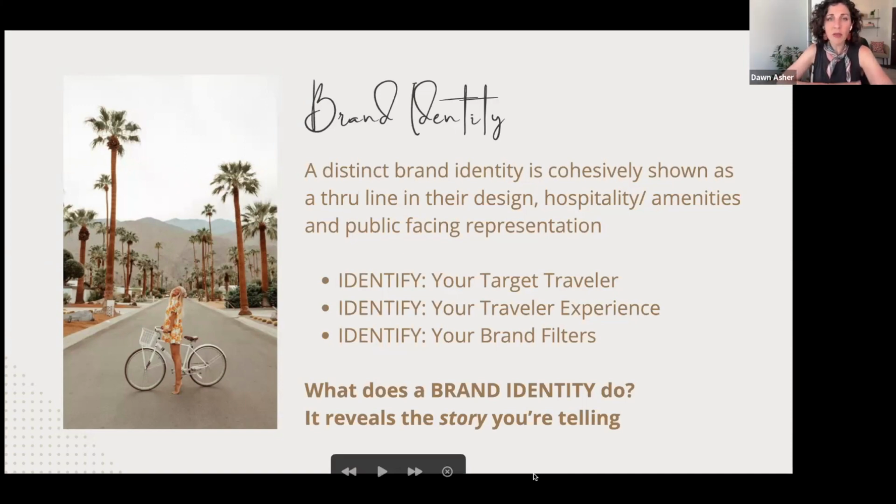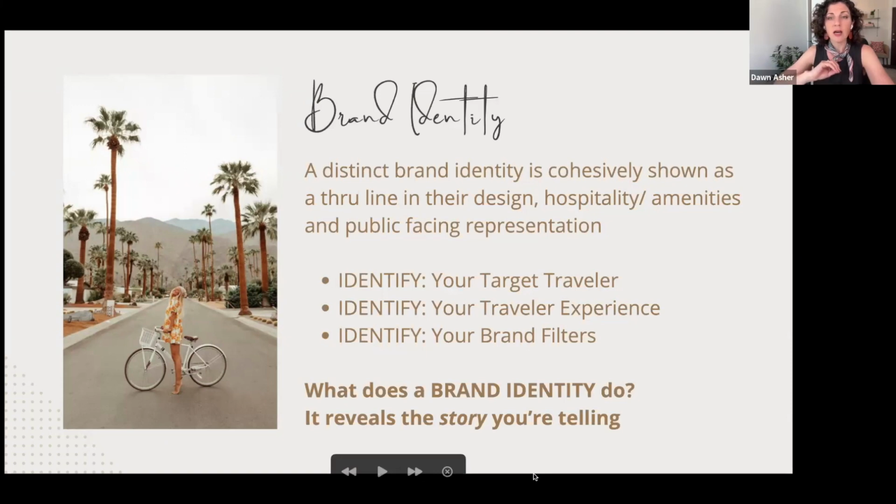The first thing we do in forming your brand identity is identify your target traveler. Is this families? Even more specifically, what age are those children? A family traveling with infants lives a very different lifestyle and is pursuing a very different travel experience than families with teenagers.